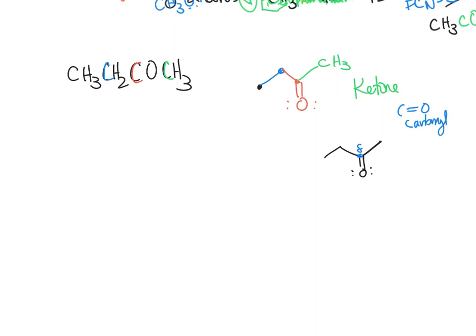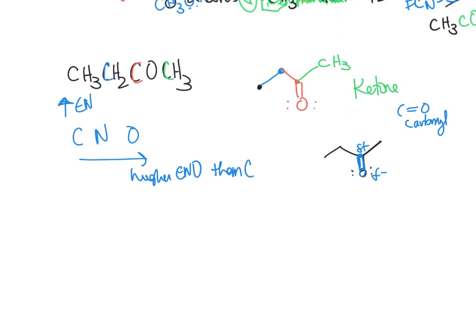So this carbon is very delta positive, and it's being pulled with 2 bonds towards the oxygen. If you look at carbon, nitrogen, oxygen, electronegativity increases. So oxygen has a higher electronegativity than carbon, and so this would be the negative, and it would pull that electron cloud.